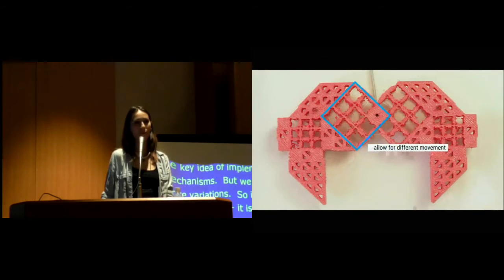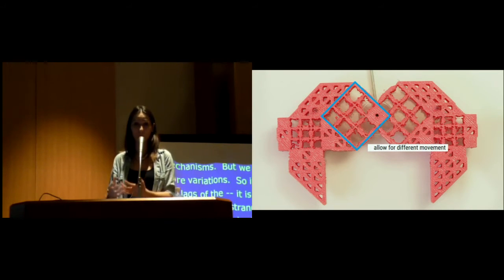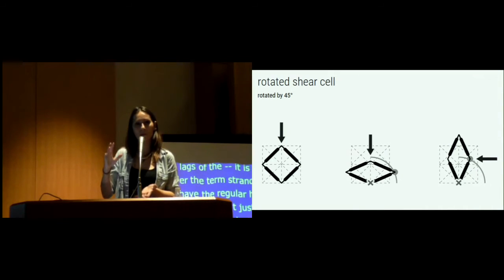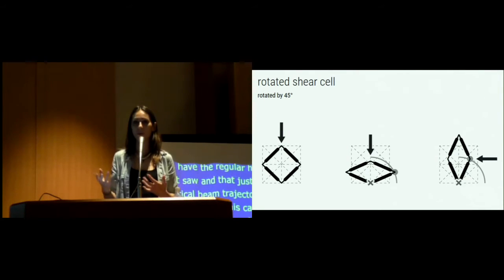Now, if in this case we want to allow for a different type of movement, we have what we call the rotated shear cell. It's a shear cell that is rotated by 45 degrees, and it's compounded out of 4 cells where only the diagonals are still present.